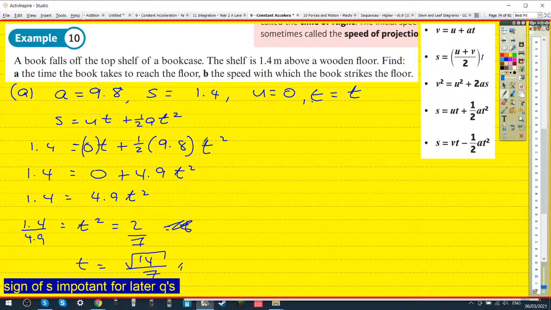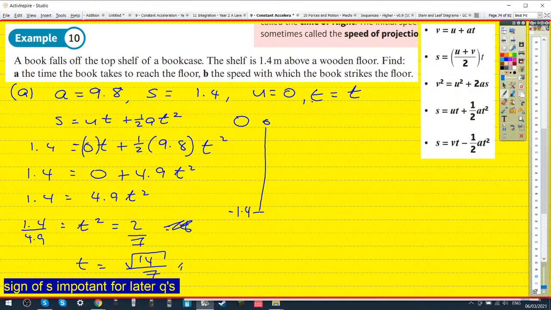The thing that I wanted to point out with this one was usually I would take a as minus 9.8, and then you'd have to take s as minus 1.4 because you're starting up here and you're going there. So if that's 0, then down there would be minus 1.4.